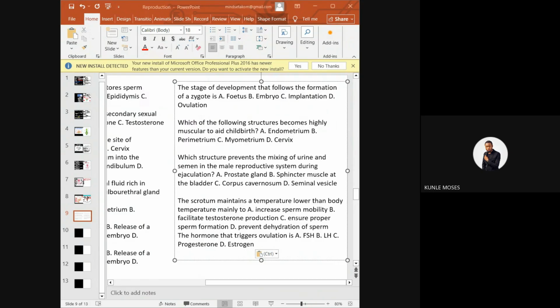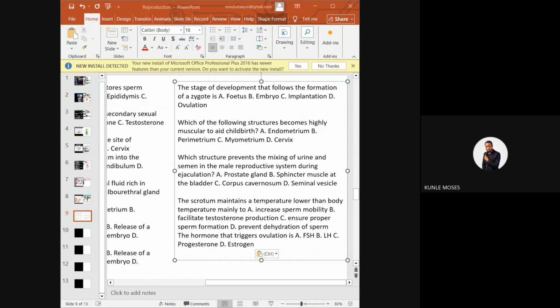But what causes ovulation? Ovulation is the releasing of a mature egg from the ovary. It is triggered by the luteinizing hormone. We also have FSH, which helps to stimulate follicle growth, the follicle stimulating hormone. What progesterone does is prepare the uterus for pregnancy, apart from other things.